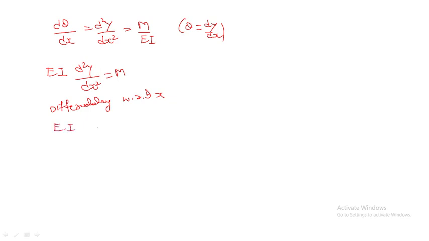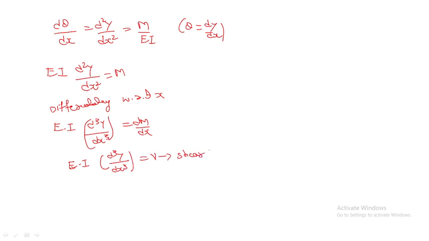This is EI d³y/dx³ equals dM/dx. So we can write EI d³y/dx³ equals V. What is V? V is the shear force.